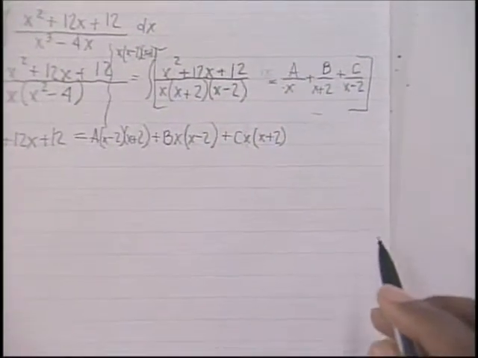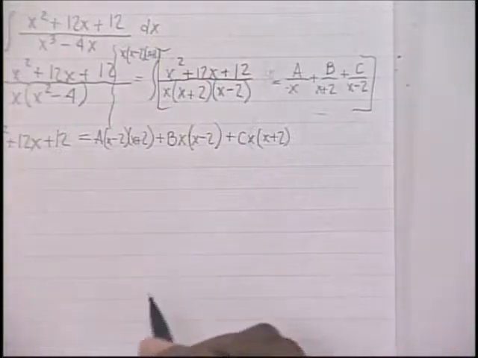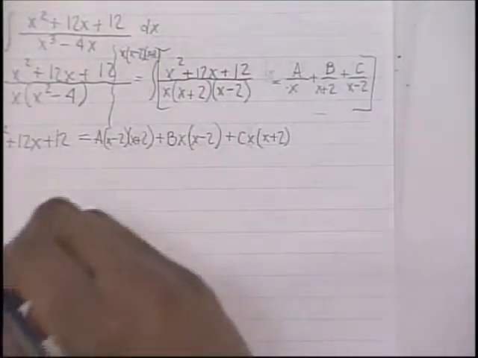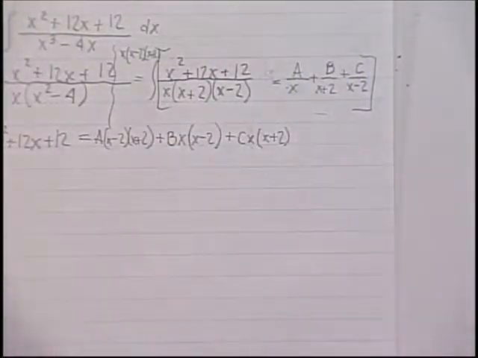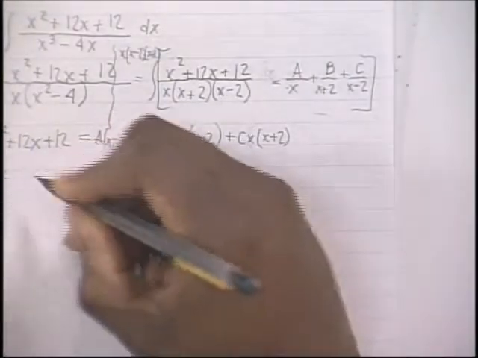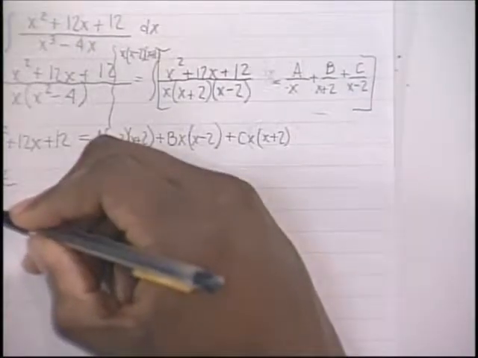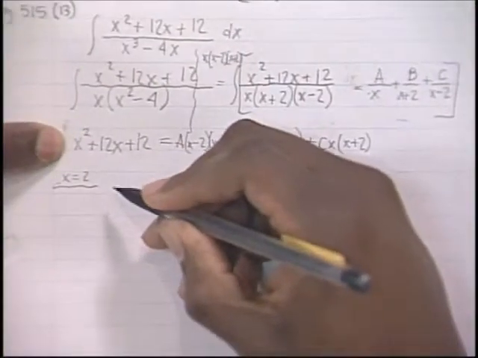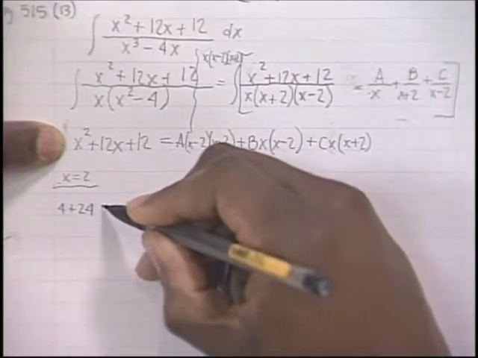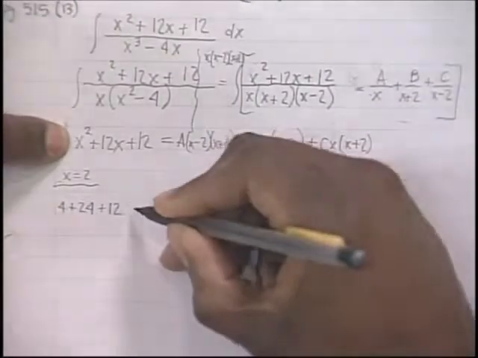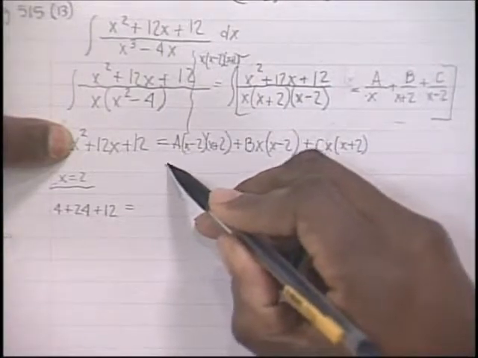Now you're going to try to solve for A, B, and C. This is going to be a mouthful, but let's see if we can finish it before the end of the show. Let's try substituting x to be 2. If you make x 2, you end up with 4 plus 24 plus 12 is equal to, if you put a 2 here, all of this would cancel out.